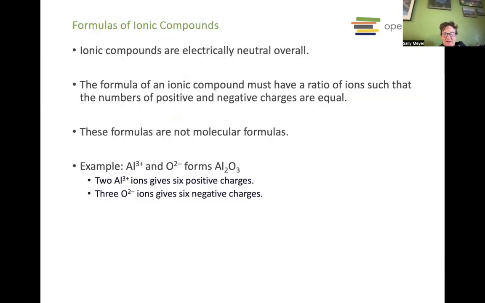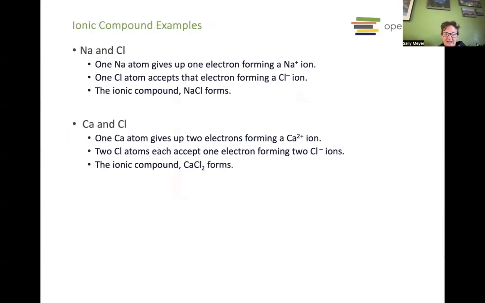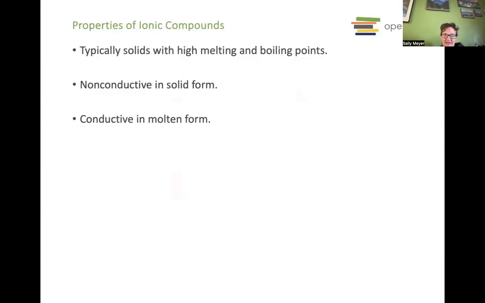Ionic compounds are electrically neutral overall. The formula for an ionic compound must have a ratio of ions such that the number of positive and negative charges are equal. That's why when we looked at calcium and chlorine, it didn't form CaCl, it formed CaCl2, because in order to make it neutral, you can have one calcium 2+, but you had to have two of the negative ones in order for that all to add to zero.